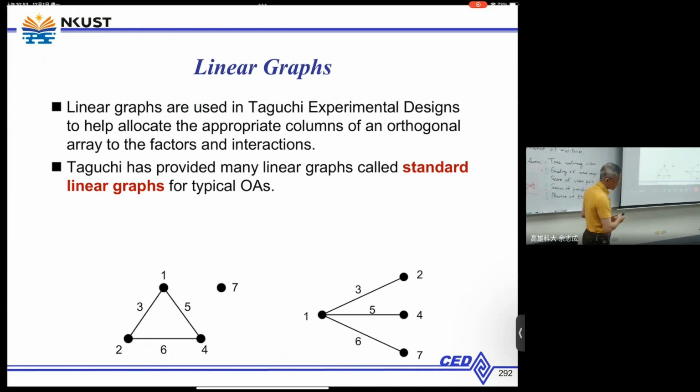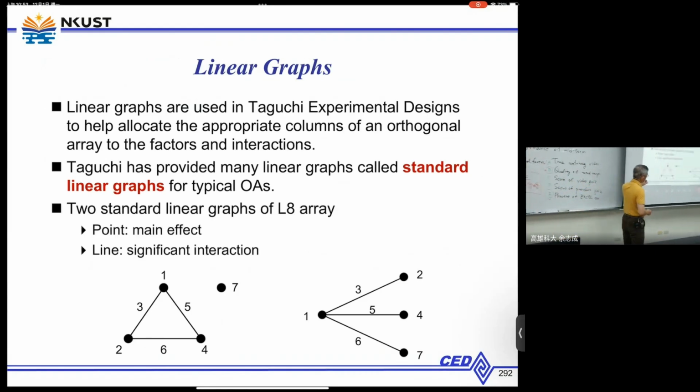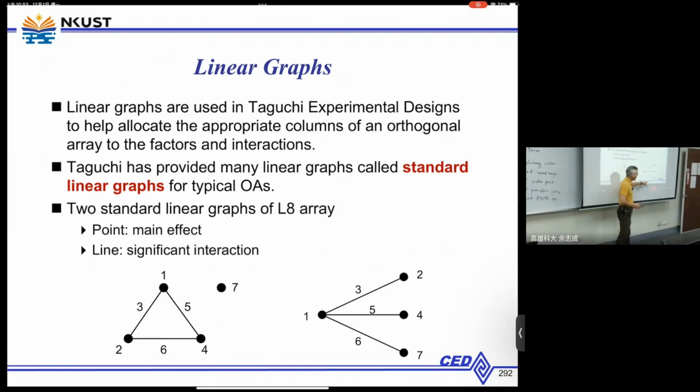All right, this is for L8. And here, he proposed two types of linear graph. For linear graph, they have dots or lines. Dot means you can assign main effect or control factors to the dot. And line means that if these two control factors have interactions, that interaction can be analyzed in column 3.